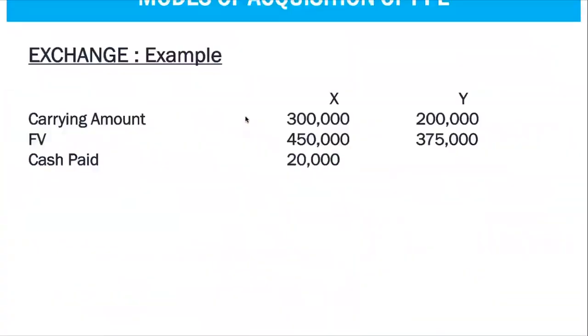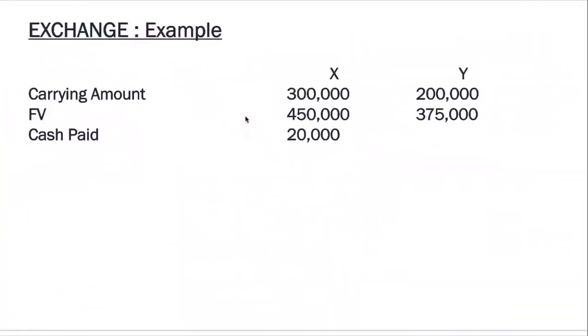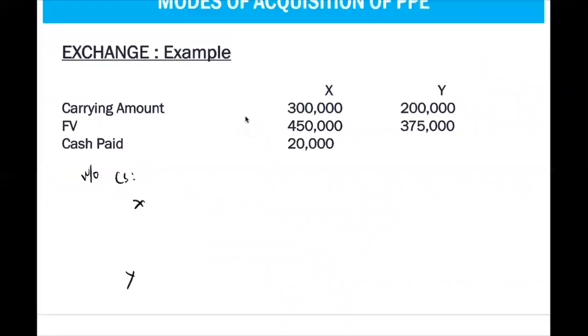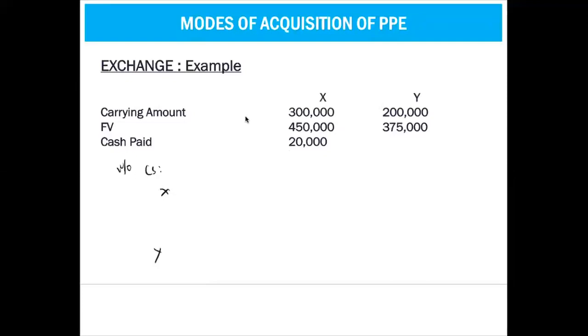Okay? So let's have an example on your exchange. So let's say the exchange is without commercial substance, on the books of X and the book of Y. Again, if that is without commercial substance, we will only debit the property at the carrying amount. So for X, what is the carrying amount of X? 300,000.